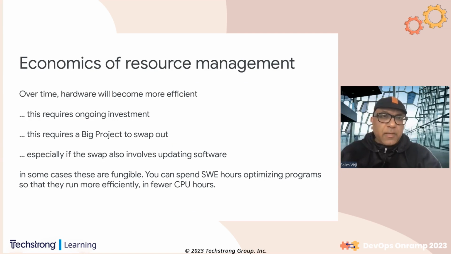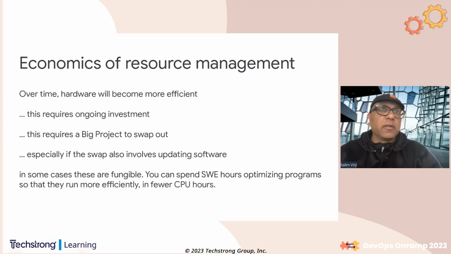Other factors to keep in mind when thinking about the economics of resource management are that over time, hardware becomes more efficient. Part of this is Moore's law and the periodic doubling of processor efficiency. In order to take advantage of better hardware, there needs to be an ongoing investment.